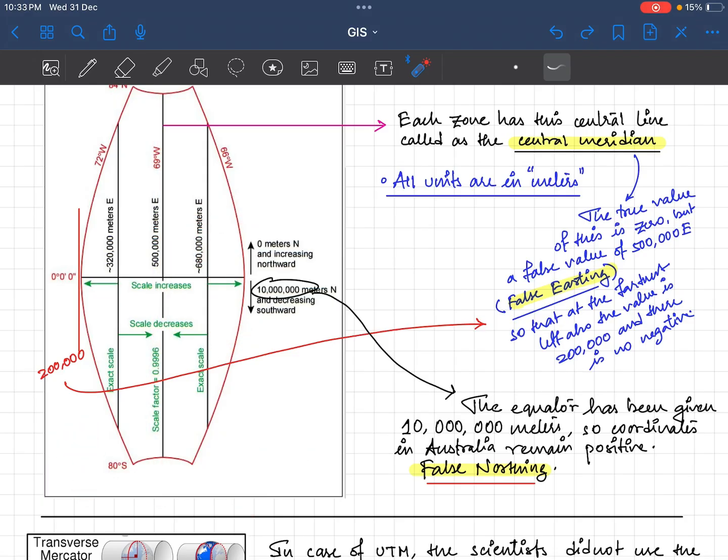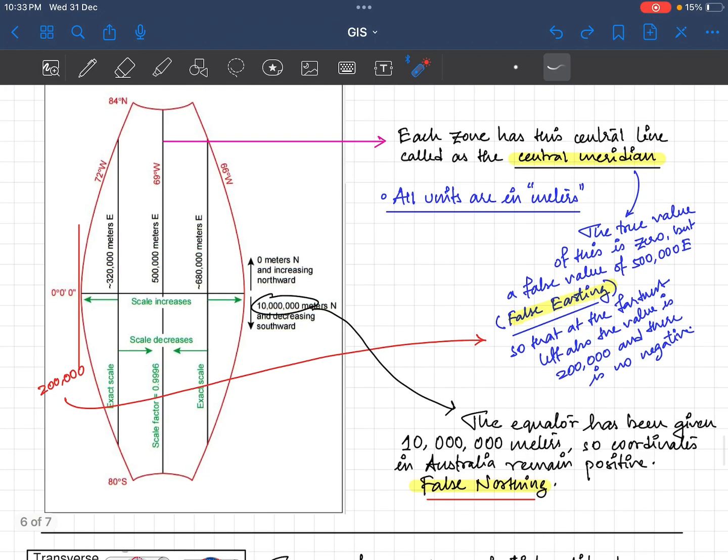Negative values confuse calculations. That is why scientists came up with a solution: let's give the central positions huge positive values, so that even if we go towards the left or down, we will never encounter negative values. This process is called false easting.